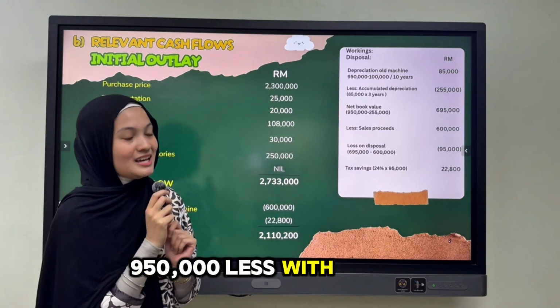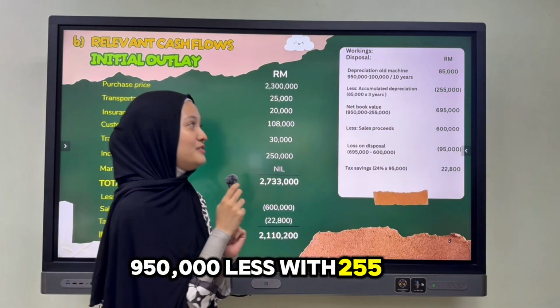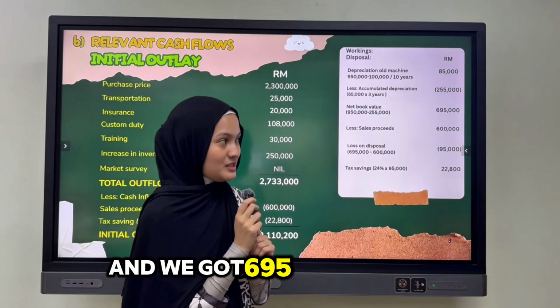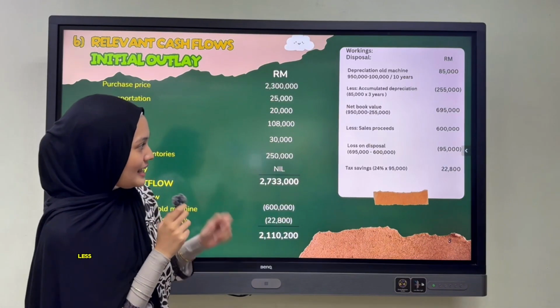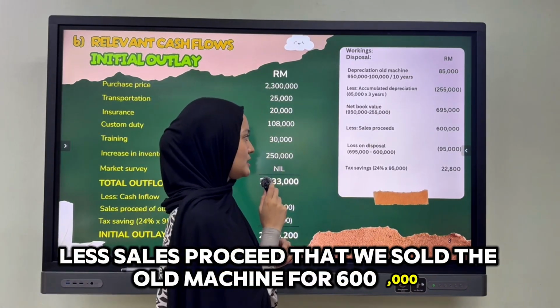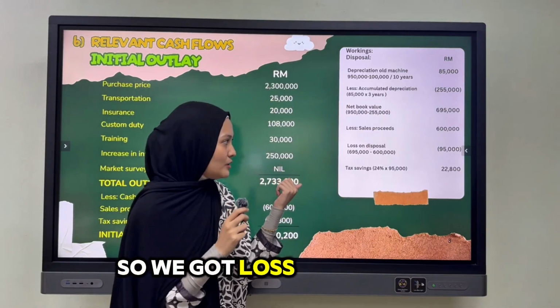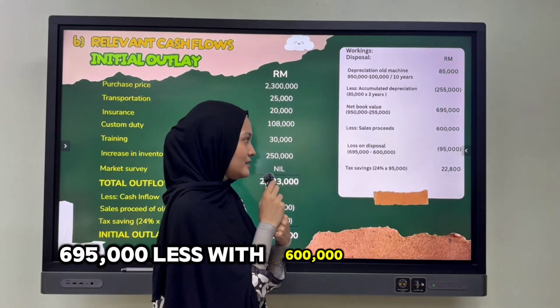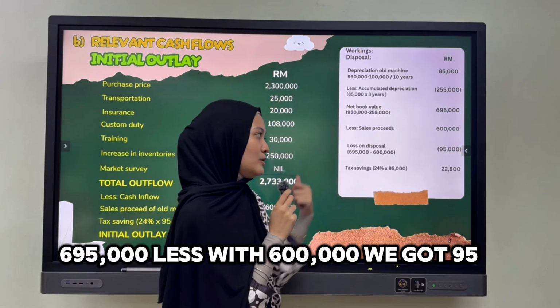955,000 less 255,000, and we get 695,000. And then less the sales proceeds, where we sold the old machine for 600,000, so we get a loss on disposal: 695,000 less 600,000 is 95,000.